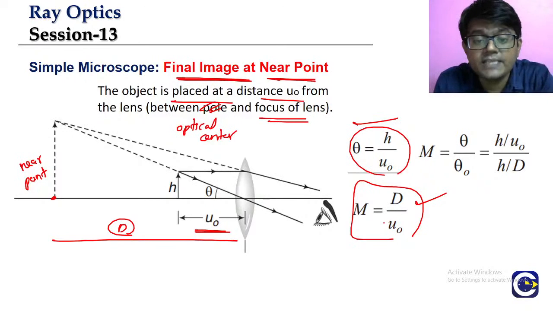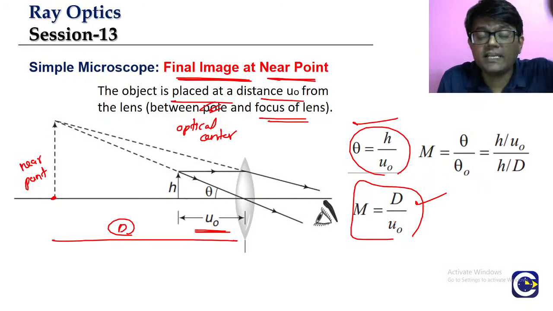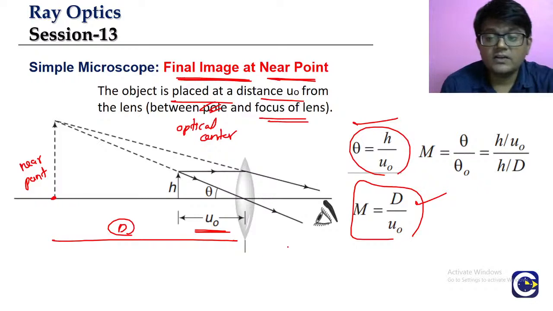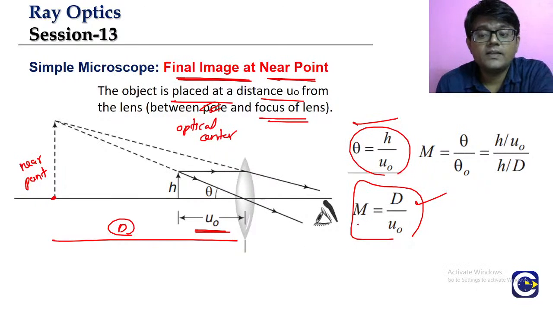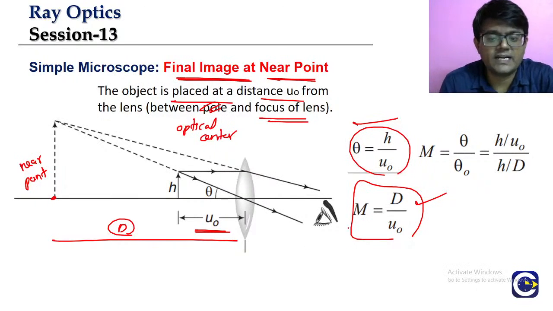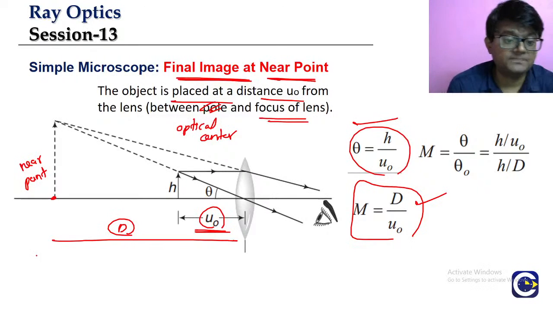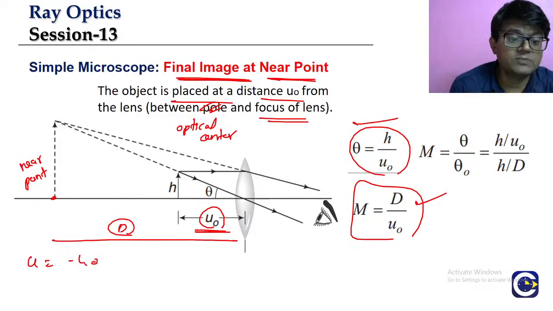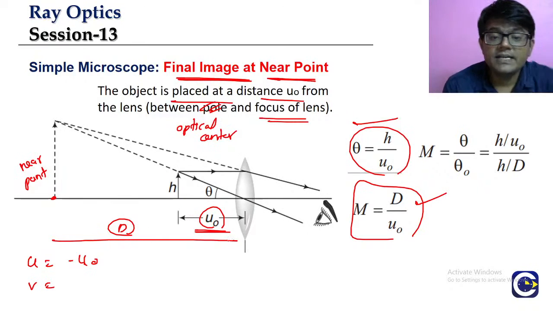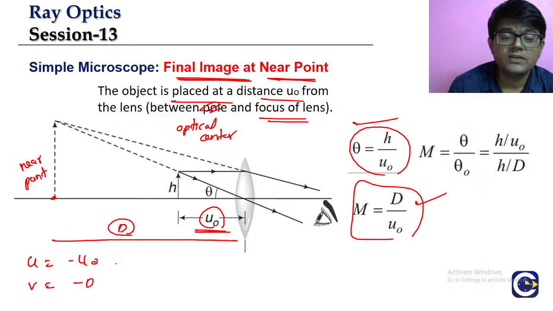Now what we need to do is, if we are forming the final image at the near point, find the magnification factor value. See here, the object distance is u0, but we are measuring to the left side, so we'll take it as minus u0. The image distance is D from the lens, also measured to the left, so minus D. What is the lens equation? 1 by v minus 1 by u is equal to 1 by f.